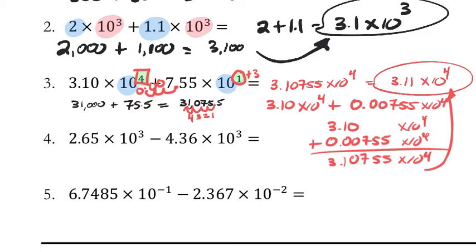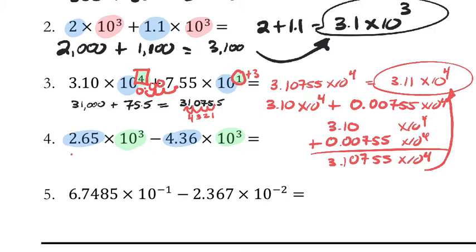Problem 4 has a subtraction, and the bases and powers are the same, so we can do this simple subtraction. You'll notice that we have a coefficient of 2 and then 4, so this is going to end up being a negative number, which is certainly possible in mathematics and sometimes in science.